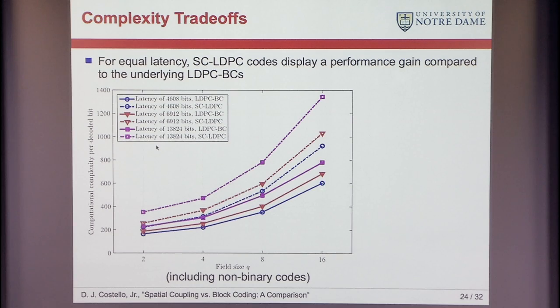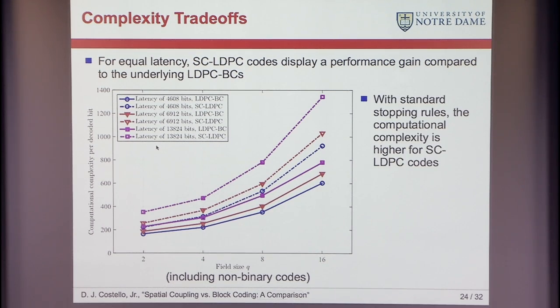So you can see the spatially coupled code does pay some penalty in complexity, which grows with field size. I mean, here's the comparison down here for binary. Okay, this is for equal latency. But the spatially coupled codes, of course, have a performance gain. And one thing to point out, and this is with stopping rules.